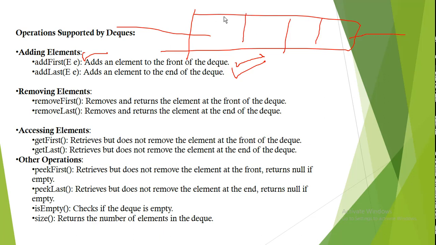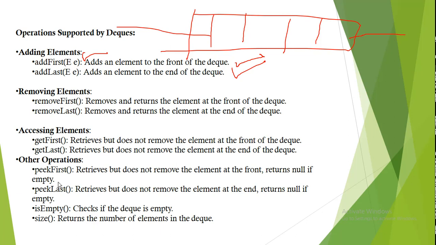Similarly, if you want to remove or delete the data, you will be using remove first and remove last. To access the first data and the last data, you will be using get first and get last.